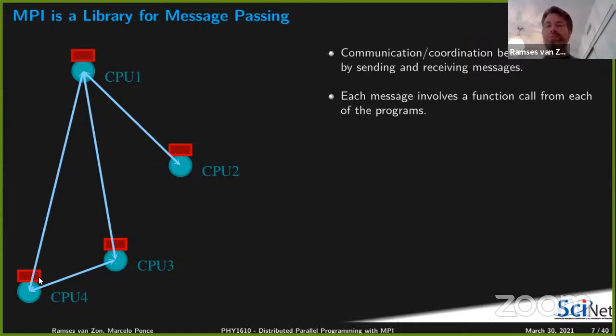Or they might be running different processes on different nodes, and again, they have their own memory associated with each process. So that's the system. And the only way CPU1 can figure out what CPU2 has been doing is by interchanging a message. So there are messages that have to be passed.